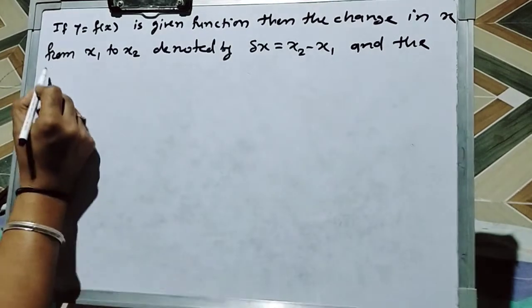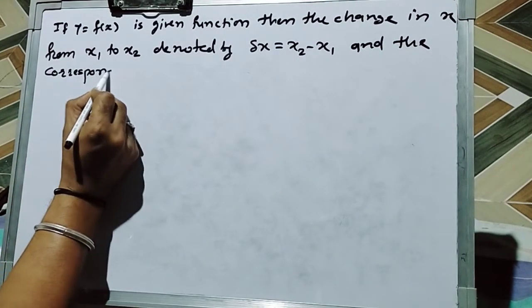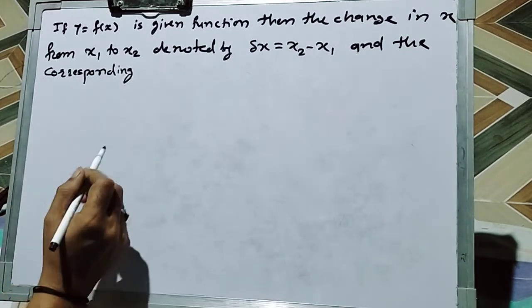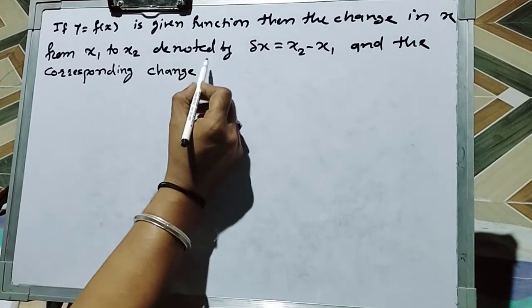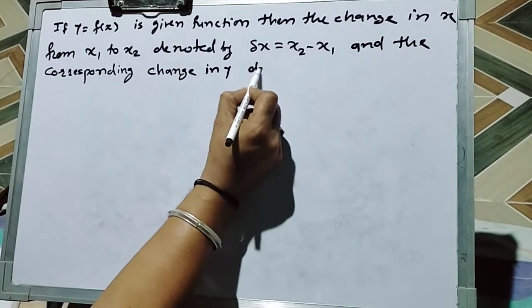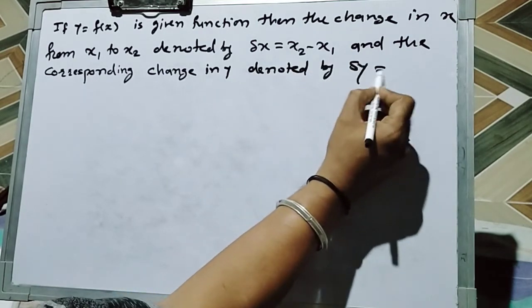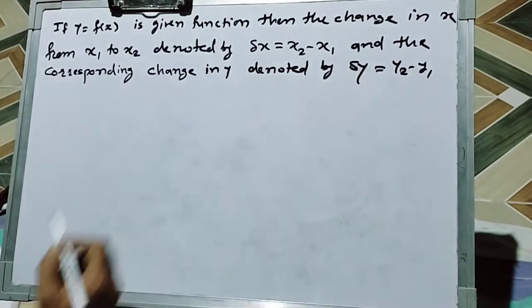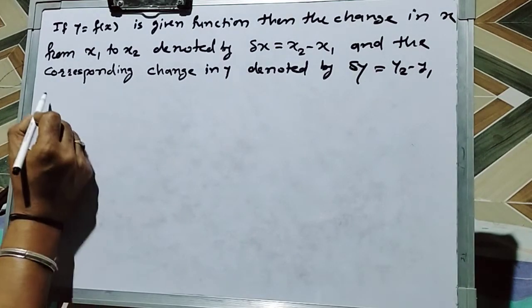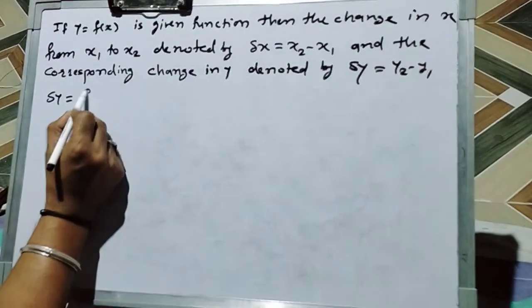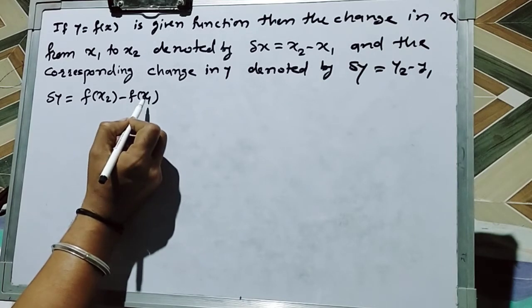the corresponding change in y, denoted by delta y, which is equal to y2 minus y1, that is, delta y is equal to f of x2 minus f of x1.